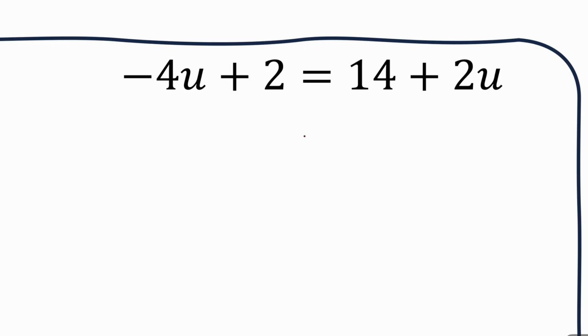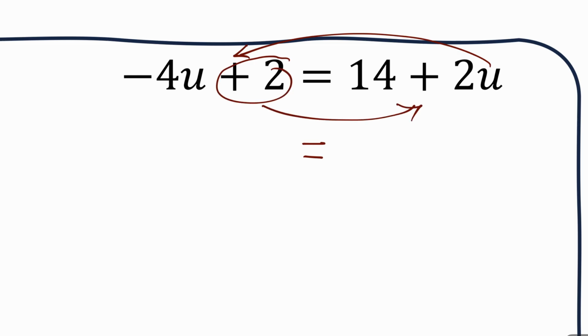What I'm going to do is, on my left hand side, gather all the variable terms, that is, terms containing u. On my left hand side, I already have negative 4u, so I don't need to move it, but I have to move the 2u to the left hand side. And I'm going to gather all the constants to the right hand side. On my right hand side, I already have 14 there, so I don't need to move the 14, let it be there. But this plus 2, I have to move over here.